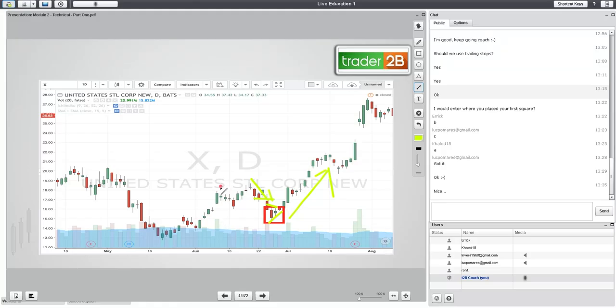Again, you can see over here you have a consolidation pattern followed by a much larger candle right next to it. Again, we can even see that here, followed by a much larger candle right next to it. So these are all very strong examples of what we're looking for when we're looking for these consolidation patterns.